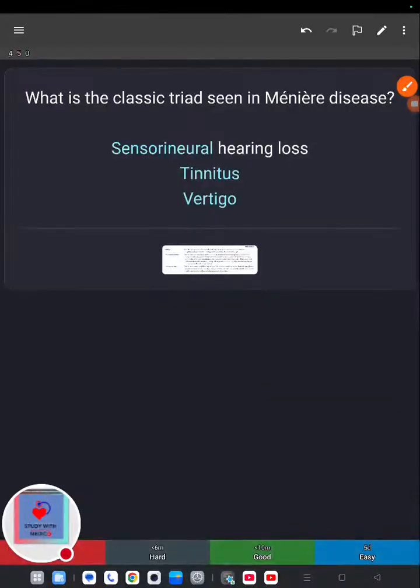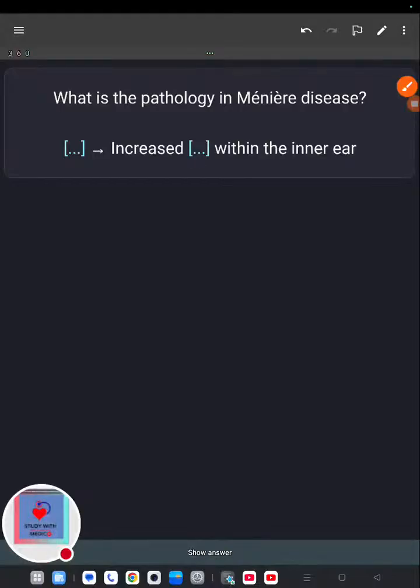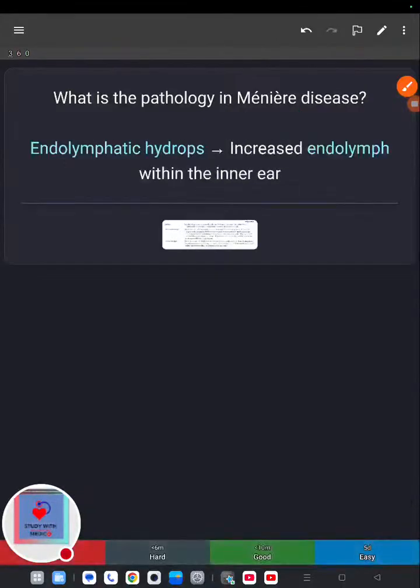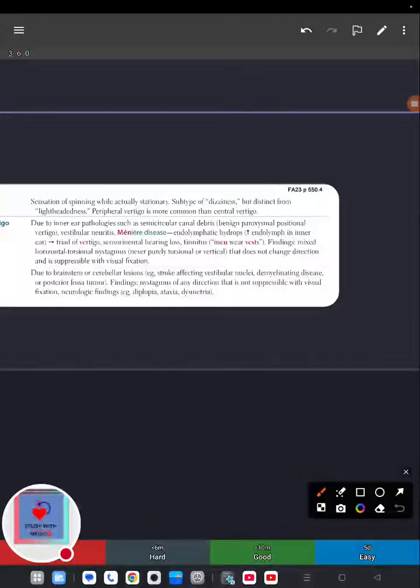So here it is given: vertigo, sensorineural hearing loss, tinnitus. The endolymph will be increased. The pathology in Meniere's disease is increased endolymph within the inner ear. So this is endolymphatic hydrops, increased endolymph in the inner ear.